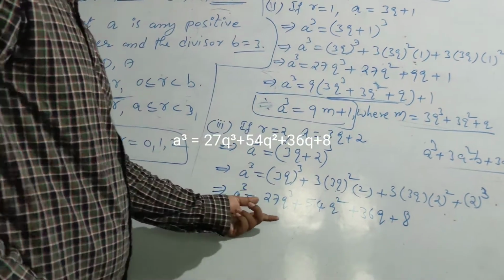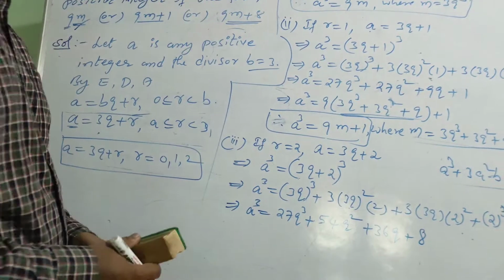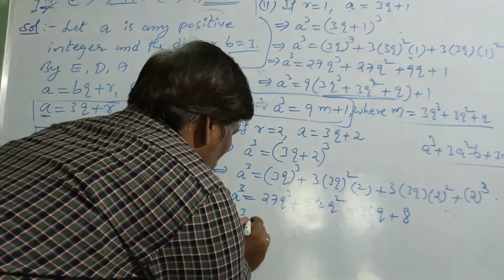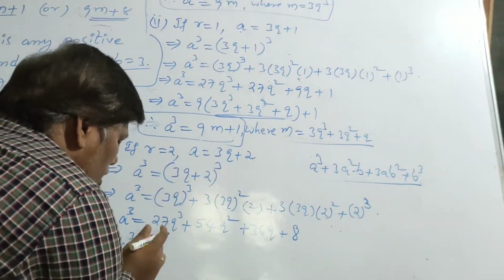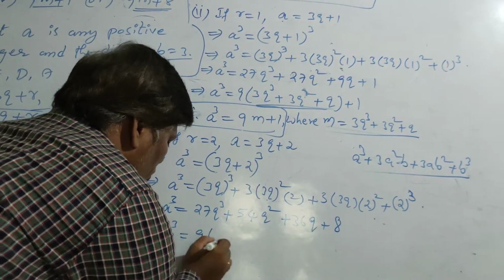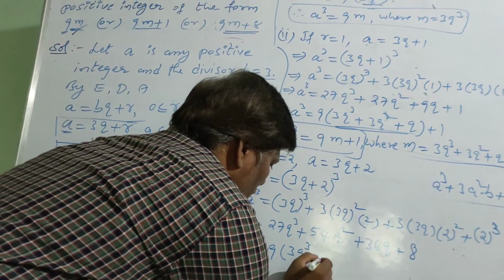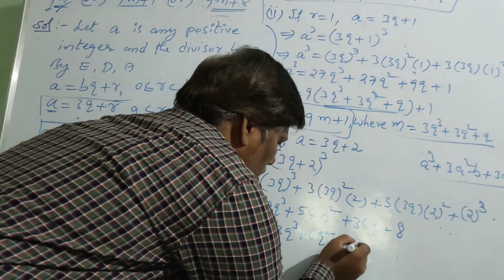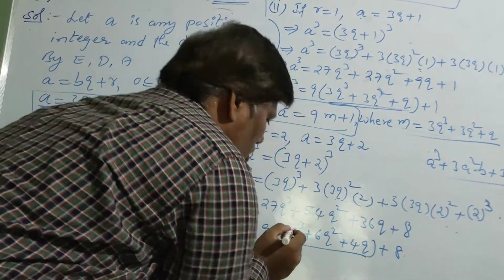But here we have to write this in the form of 9m or 9m plus 1 or 9m plus 8. That is why we have to check whether 9 will get common or not. 9 3 is 27, 9 6 is 54, 9 4 is 36. In these 3 terms we can take 9 common. So if you take 9 common, 9 into 3q cube plus 6q square plus 4q, plus 8.